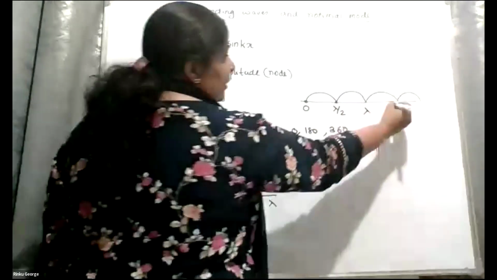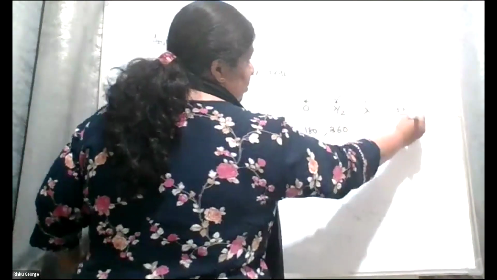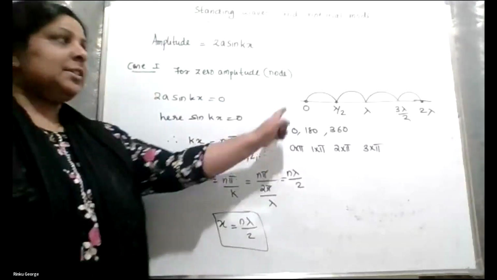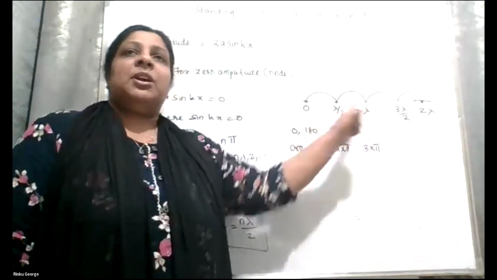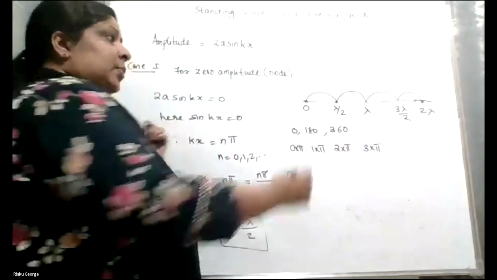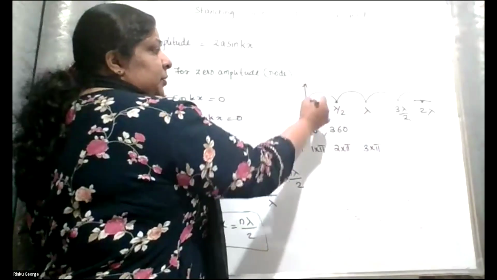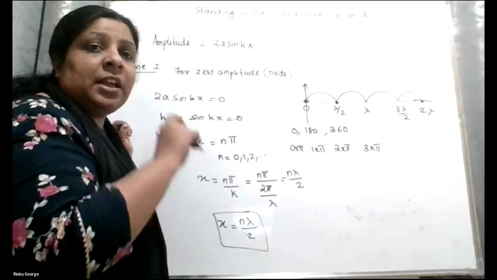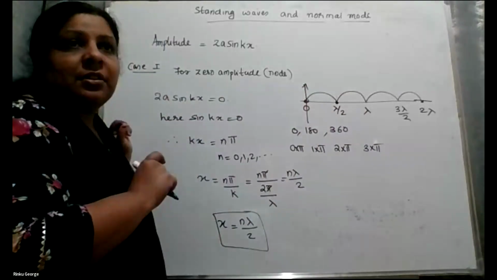N is 3, you will get 3 lambda by 2. N is 4, you will get 2 lambda. So these are the positions at which the wave becomes 0, or these are the node positions.